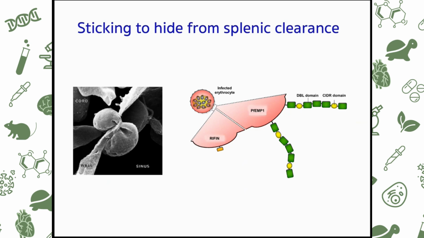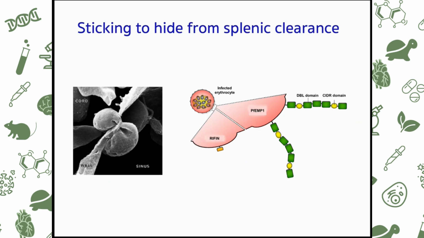Firstly, these PfEMP1 molecules, these long, thin molecules. Why would the parasite put these onto its surface, advertising to the immune system that it's there by sticking them on the surface of the infected red blood cell? Well, the reason is that as your blood flows around your body, it passes through an organ called the spleen.